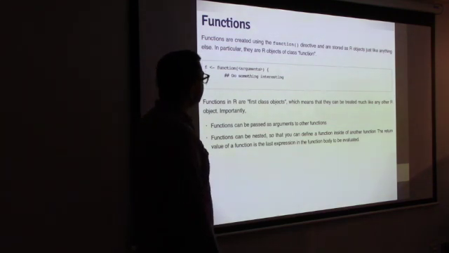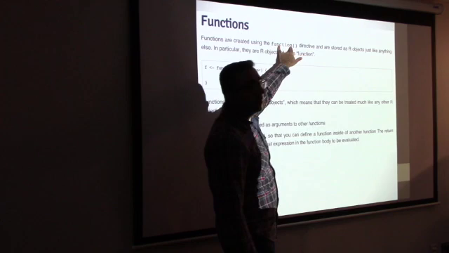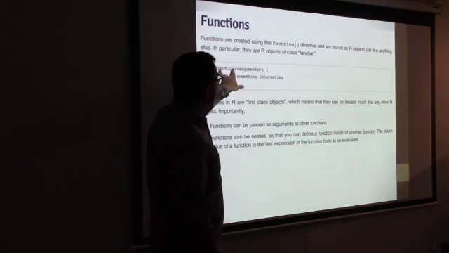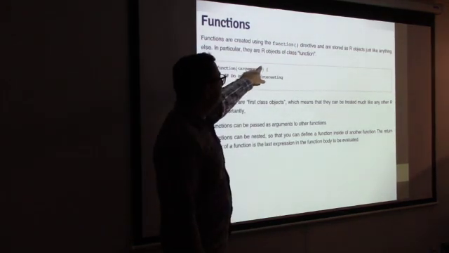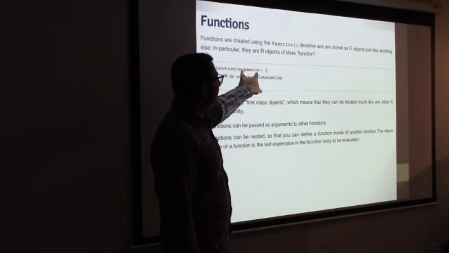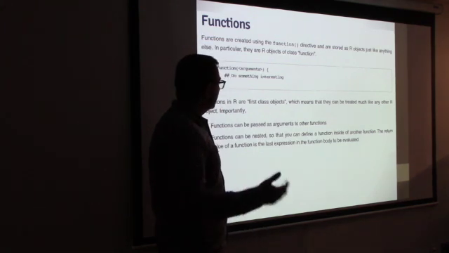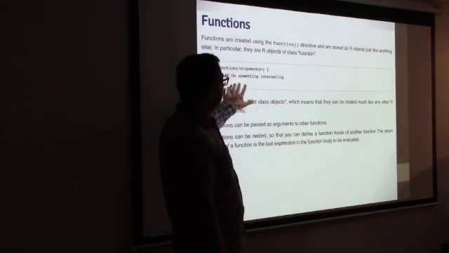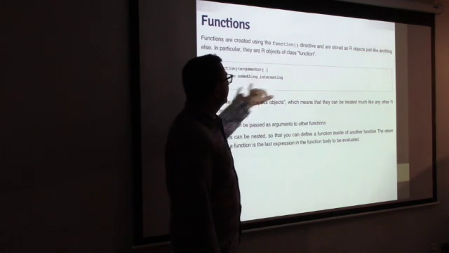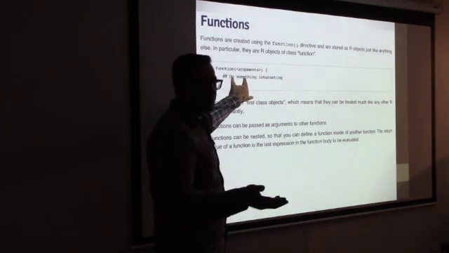Functions are created using the function keyword. So you say function, and then you have these round brackets, and inside the brackets you can specify arguments. We can talk more about what they are, but then there's the body of the function, which does something interesting, or whatever you want the function to do.